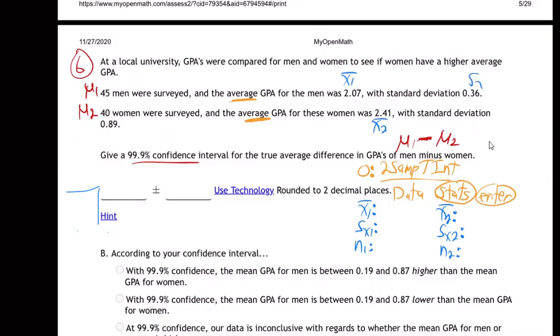This is s sub x1, s sub x2. This is n1. This is n2. So we put those numbers in there. And x2 bar is 2.41, s sub x2, 0.89, 40. All right. 0.07, 0.37.